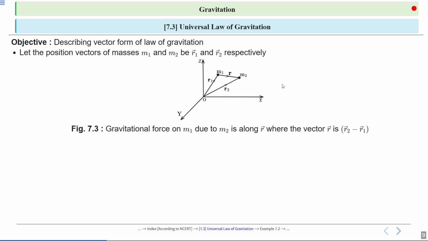So let's start by considering two masses m1 and m2, with r1 and r2 as their position vectors respectively. The gravitational force on m1 due to m2 is directed along the r vector.